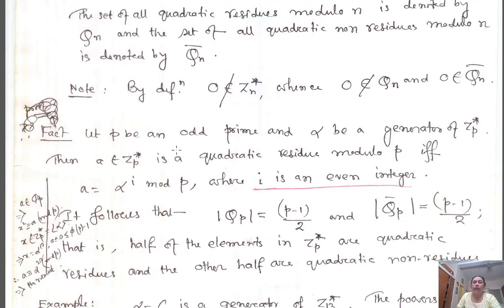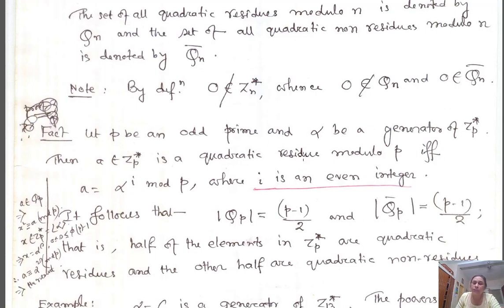Now, if you consider Zp star instead of this n, I am taking this to be an odd prime. So p is an odd prime and alpha is a generator of Zp star. Then A belonging to Zp star is a quadratic residue modulo p if and only if A is alpha to the power i modulo p, where i must be an even integer.